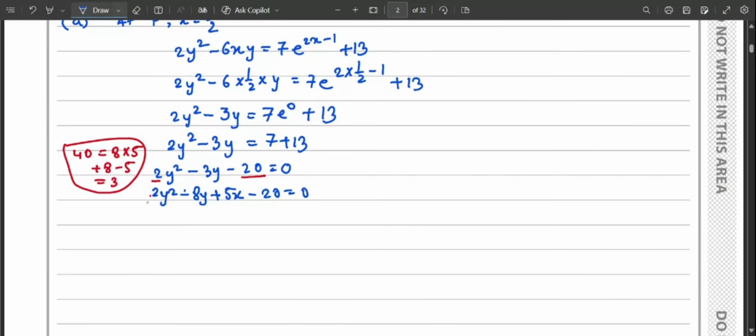Now we can see that from the first two terms we have 2y as common in both of them. So separating 2y out will give us y minus 4 inside our brackets, and then from the last two terms we can take 5 outside our bracket, and this will give us y minus 4 inside our bracket.